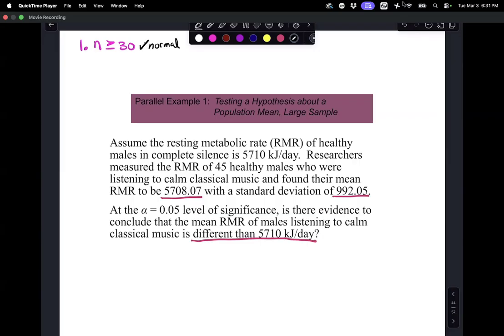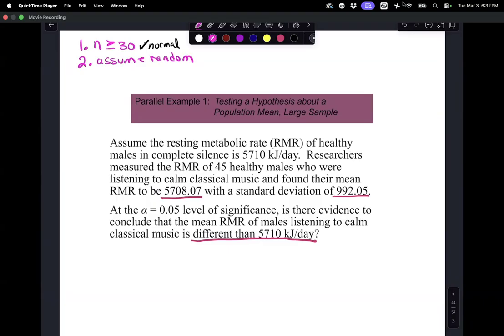Next, number 2. It does not say, so we're going to assume random. We're assuming random. Okay.